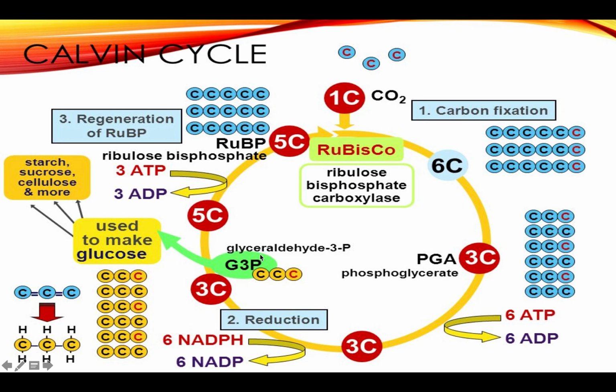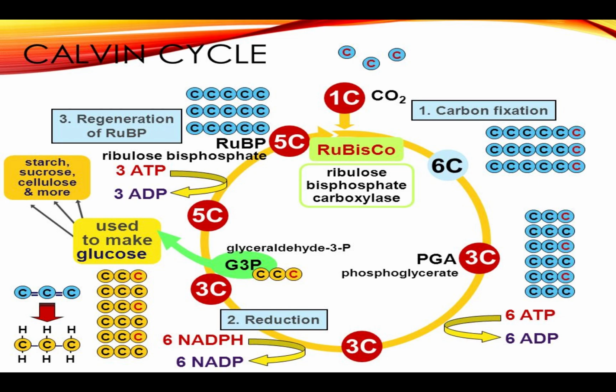And then we're going to come here to glyceraldehyde 3P, or G3P. And this is where we begin to actually make the glucose molecule. And from glucose, we can get starches, sucrose, sucralose, cellulose, and more. G3P can be converted into different carbohydrates. Again, all three of these, starches, sucrose, and cellulose, are different types of carbohydrates.